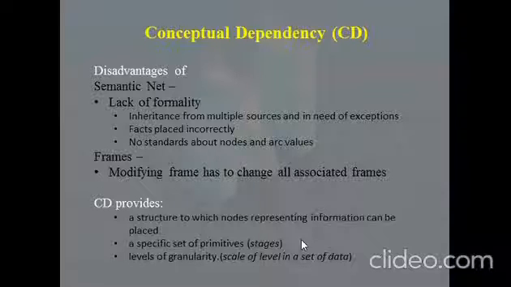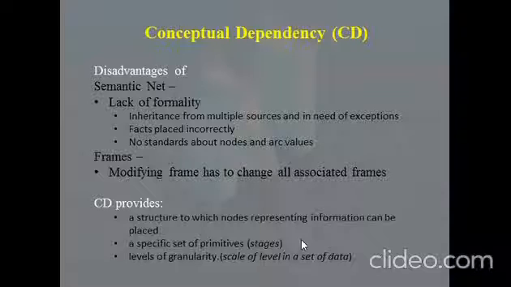We can use inheritance from multiple sources in a semantic network, so that properties are inherited into its hierarchical follower. When it is inherited from multiple sources, and if exceptions are needed in that inheritance, then we cannot gather an accurate result from that structure.